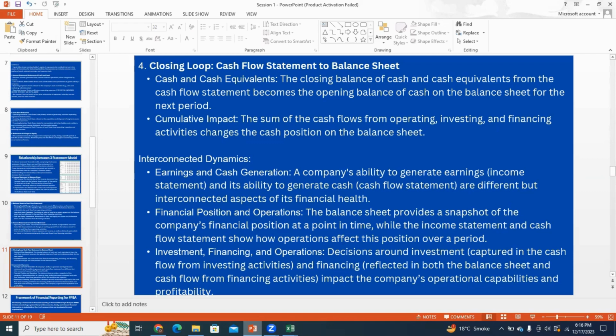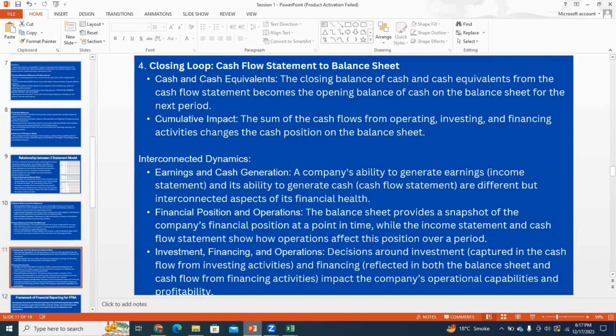Interconnected dynamics, earnings and cash generation. It says a company's ability to generate earnings in the income statement and its ability to generate cash in the cash flow statement are different but interconnected aspects of financial health. Earnings are different, cash is different.